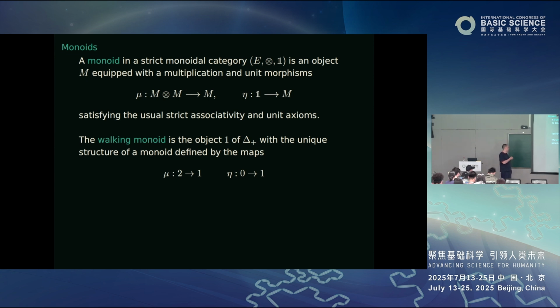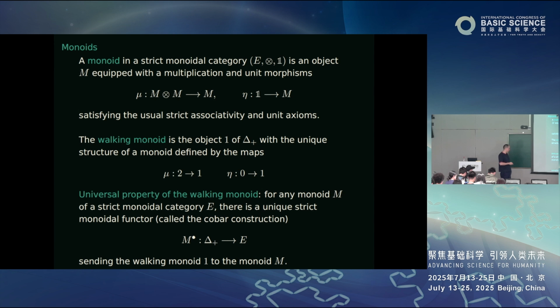It is called the walking monoid because it satisfies the following universal property. The universal property says that for any monoid M in a strict monoidal category E, there exists a unique strict monoidal functor from delta plus to E, sending this special walking monoid 1 to the monoid M. So using this universal property, you can identify monoids in E with functors from delta plus to E that respect the strict monoidal structure of these categories.